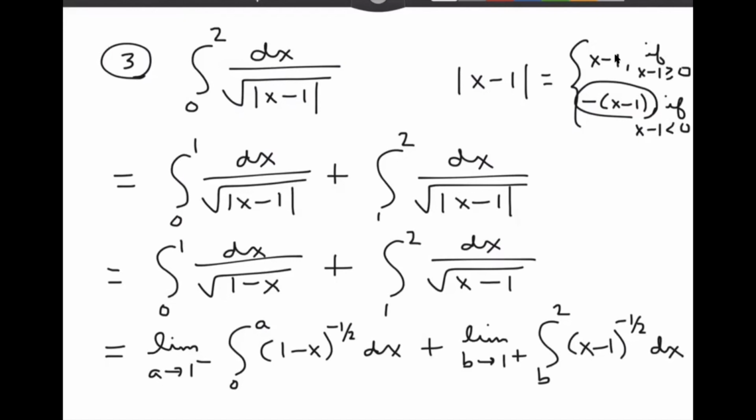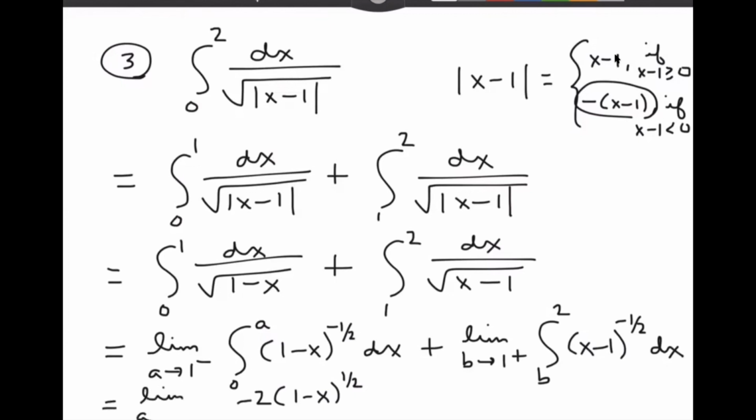This first one is going to be a backwards power rule and also a little baby u substitution. So the antiderivative for this is 1 minus x to the power 1/2 divided by 1/2, but also divided by negative 1, because the derivative of 1 minus x is negative 1.